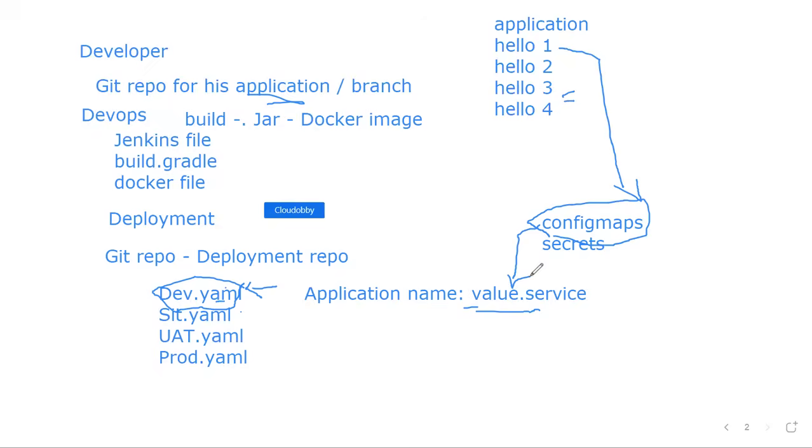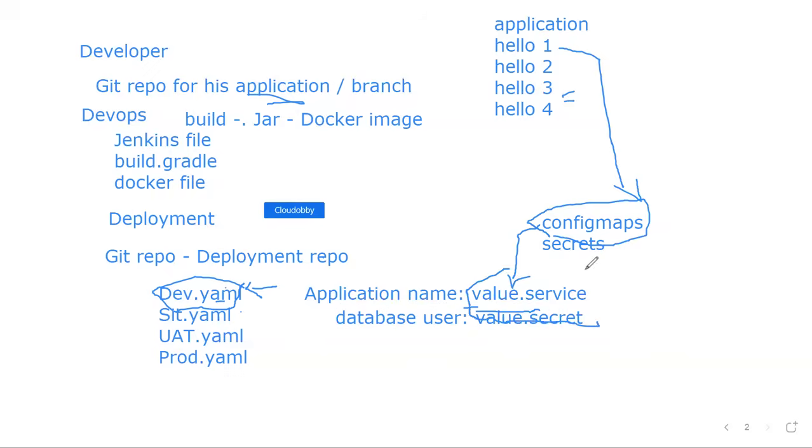If I have a password, say a database username, I will use values.secret. It will come from my secrets. So both are values only.